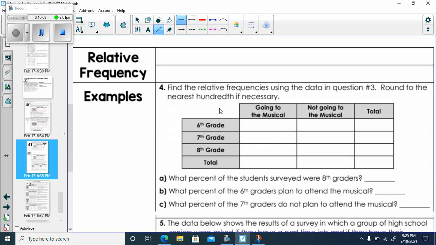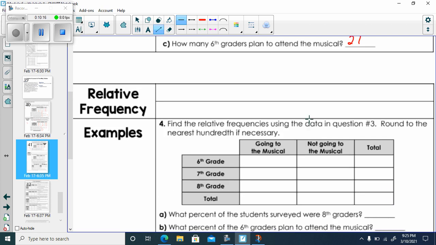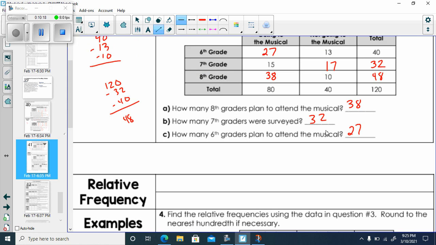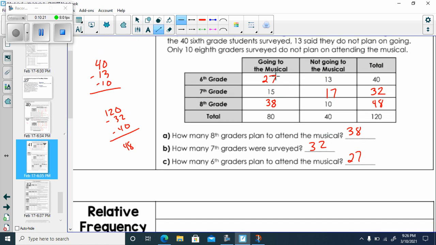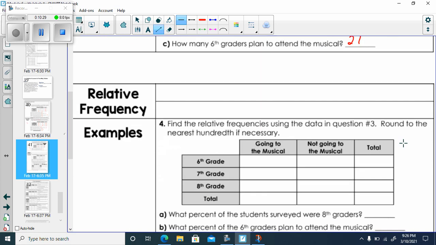Now, we're going to look at what we call relative frequencies. Relative frequencies is whenever we can present the same data as percents, okay? Or as decimals. What percent of these sixth graders are going to the musical? 120 were surveyed. That's 27 out of 120.